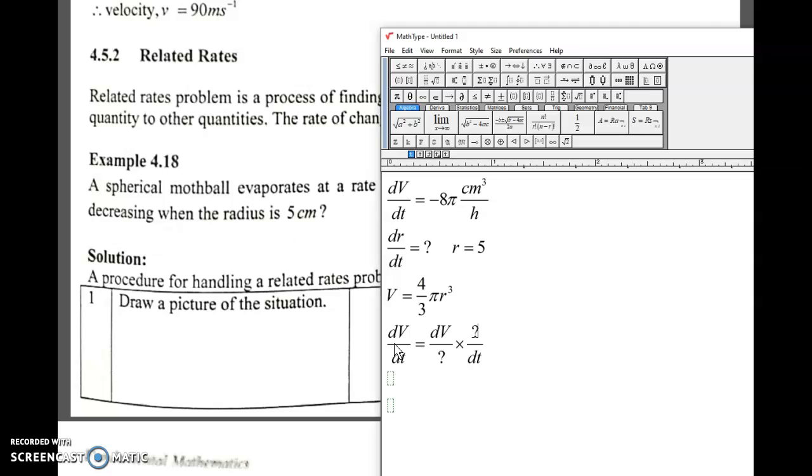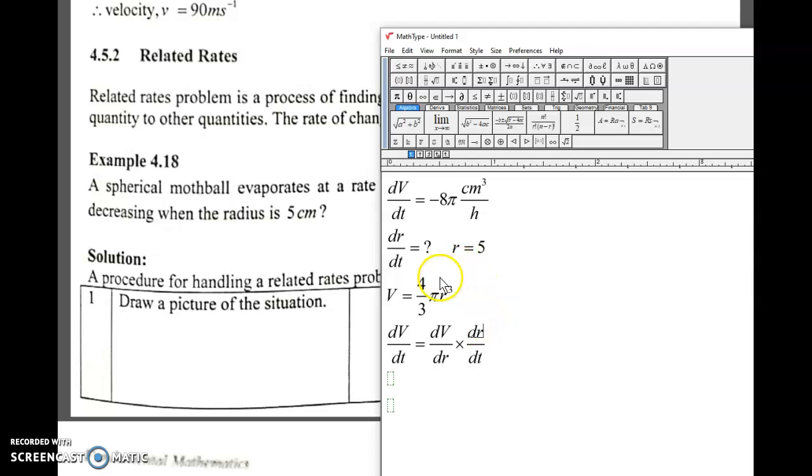So the next task is to figure out this unknown variable, the difference of this unknown variable. So look back at our information. We have the information of volume, we have the information of time, and we also need information of radius. So basically the derivative that we look at is related to the difference in radius, so dr.